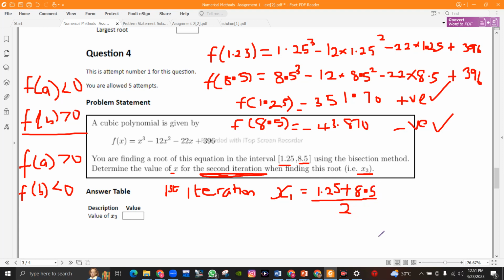That's bisection, the average. If you divide this, you're going to have 4.875. So this is the new x.